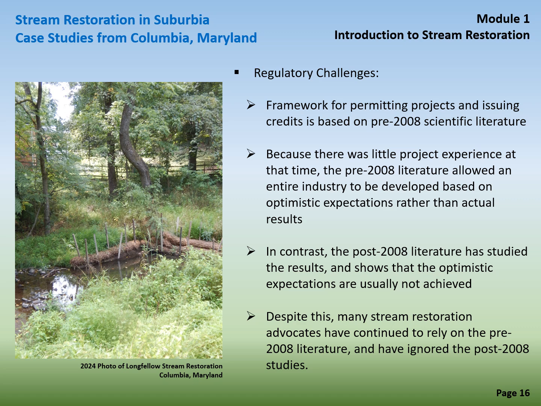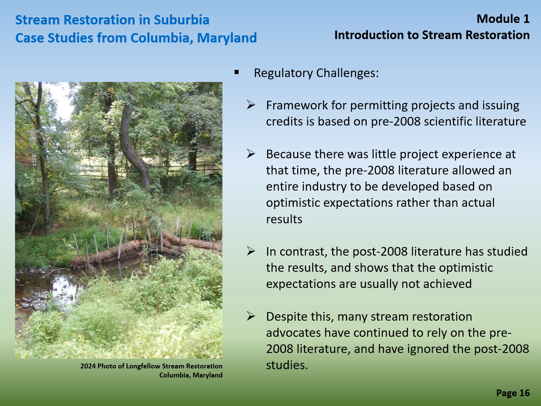There's also an issue with how these projects have been regulated and permitted, and that is because the original documents that authorized these projects, like the federal wetland mitigation rule, were developed in 2008. And at that time, there were very few of these projects that had been completed.